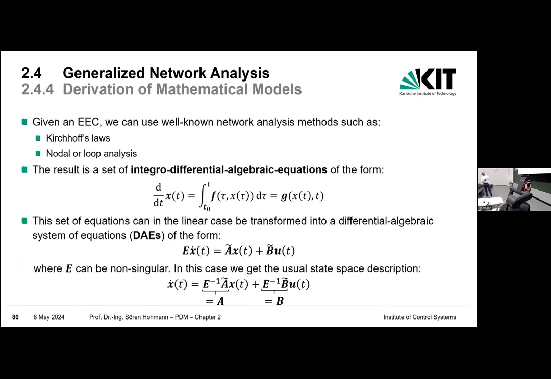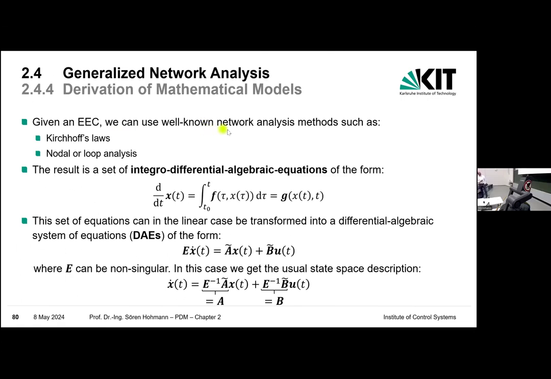So if we look at the equivalent circuit model, like in electrical engineering, if you want to write down the equations, what you did in the first semester in the bachelor, what was the first thing? It was called circuit analysis.